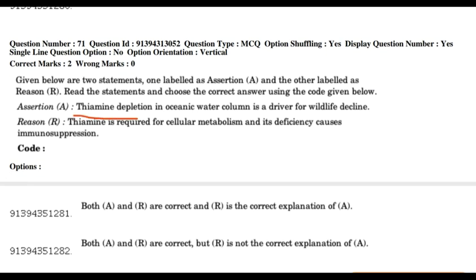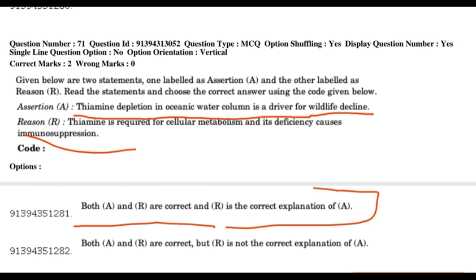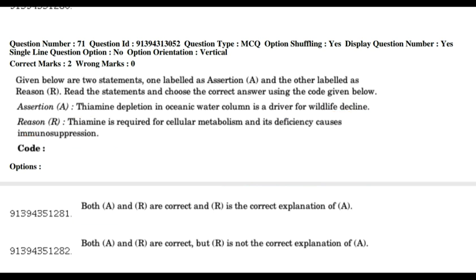Thiamine depletion in oceanic water column is a driver for wildlife decline. Thiamine is required for cellular metabolism and its deficiency causes immunosuppression. So here A and R are correct, and R is the correct explanation of A.